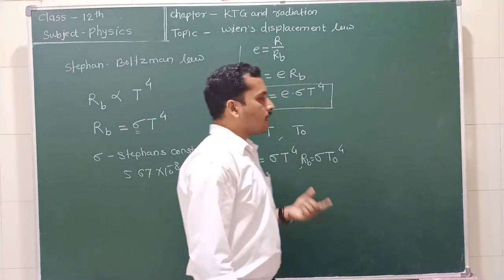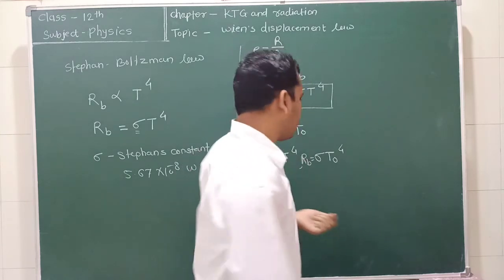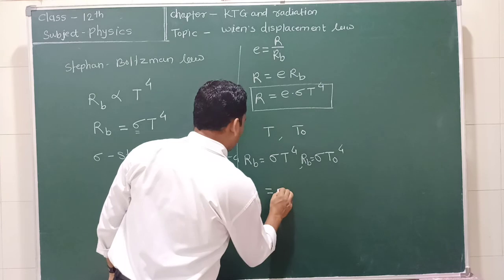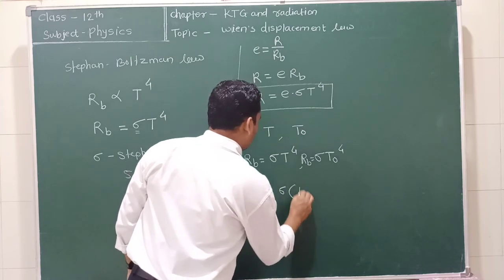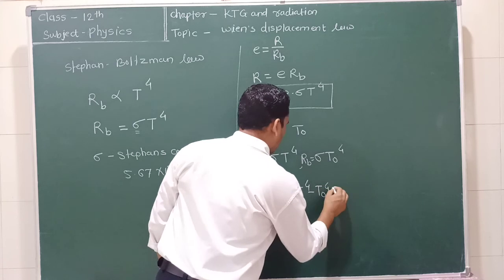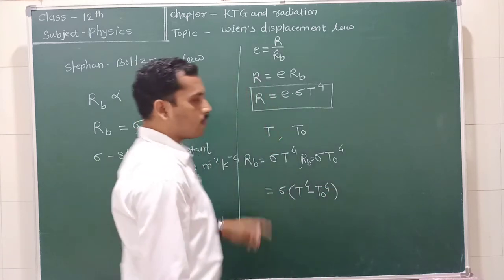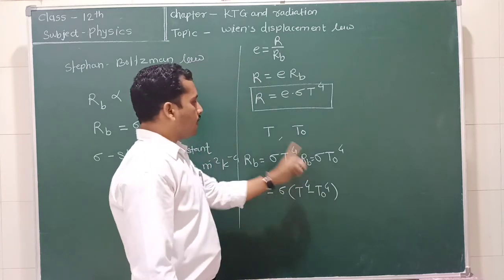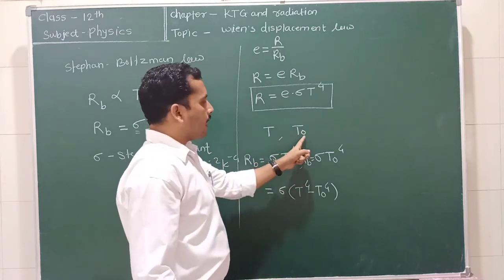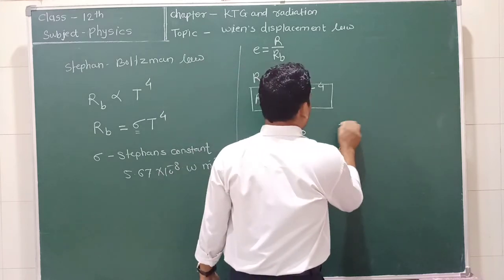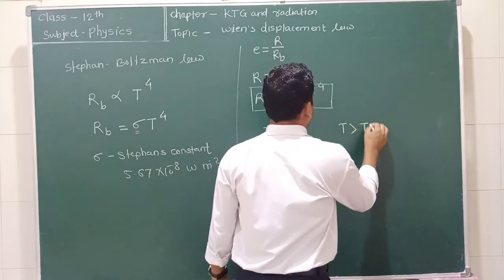Then what is the energy lost by the perfectly black body? The energy loss is equal to sigma into T to the power 4 minus T0 to the power 4. This is the amount of energy lost by the perfectly black body when its absolute temperature is T and the surrounding temperature is T0, provided that T is greater than T0.